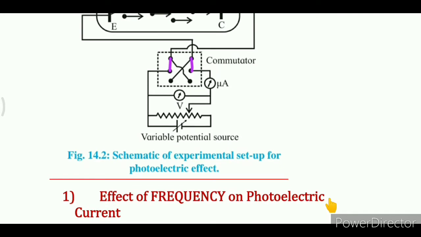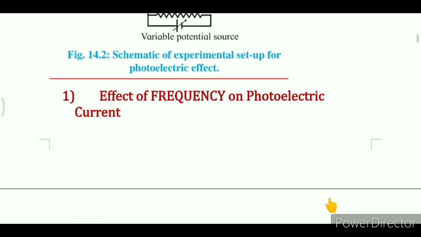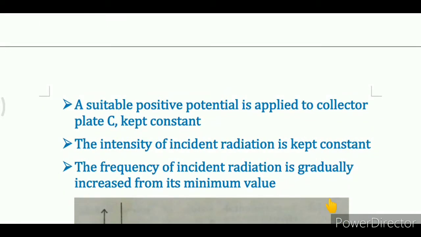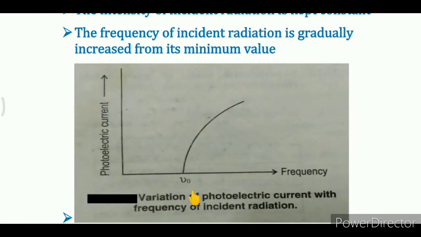In this effect of frequency on photoelectric current, the suitable positive potential given to the plate C is kept constant, and whatever intensity of incident radiation we have chosen is also kept constant. As we are discussing the effect of frequency, we change the frequency, mentioned on the x-axis, and the photoelectric current is recorded on the y-axis.